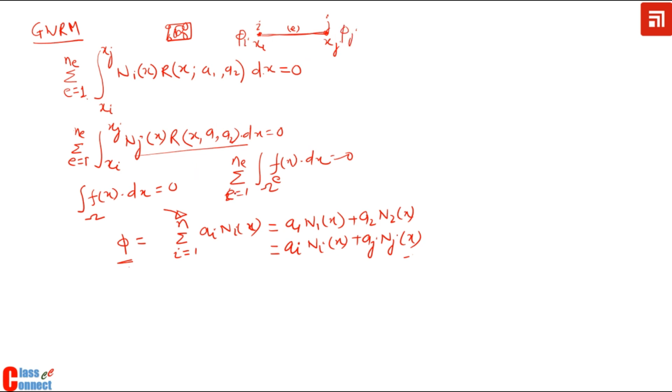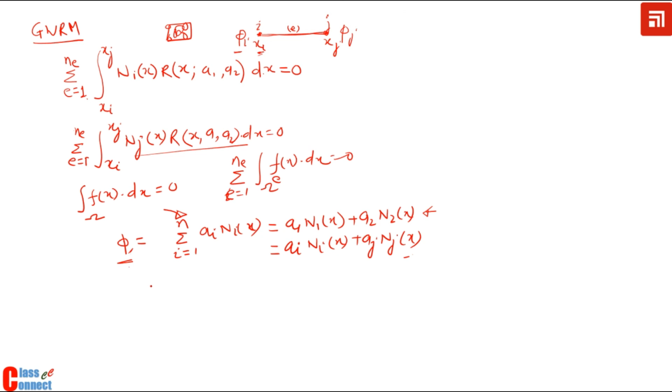So whatever function we assume to represent our field variable, it should satisfy the nodal variable values. So when x is equal to xi, this value phi should be equal to phi i, and when x is equal to xj, this value of phi should be equal to phi j. And within the element it is given by this expression. We can find out what that expression is, and we can find the value of phi within the element.